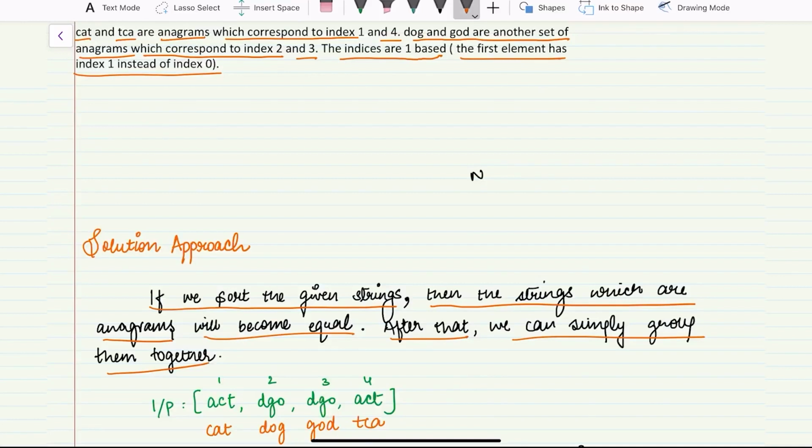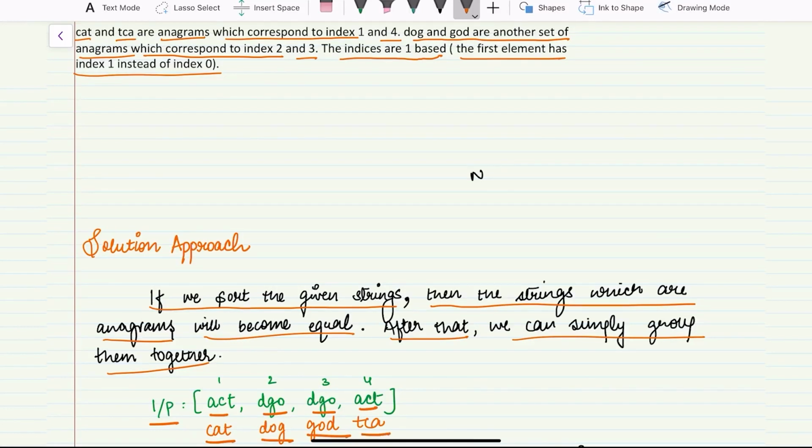Here we have got the input as act, dgo, dgo and act. We have got them by sorting the individual strings given in the input. So act represents cat, dgo represents dog and dgo again represents god, and act represents tca.